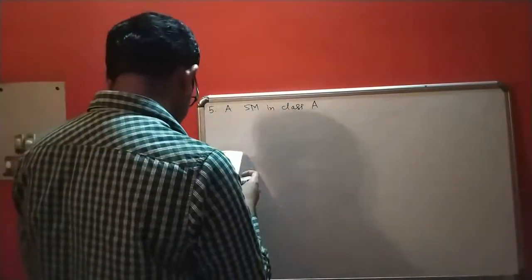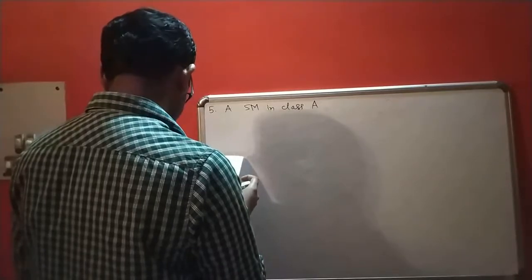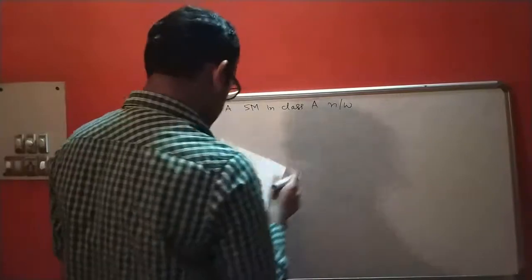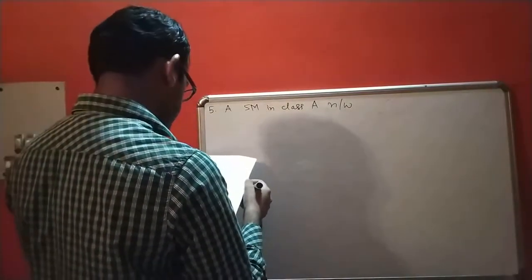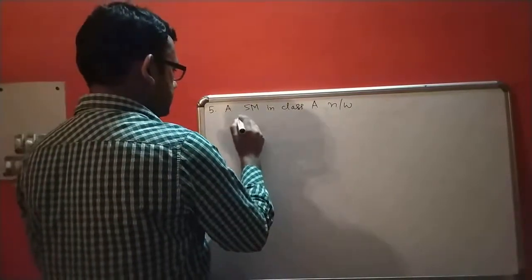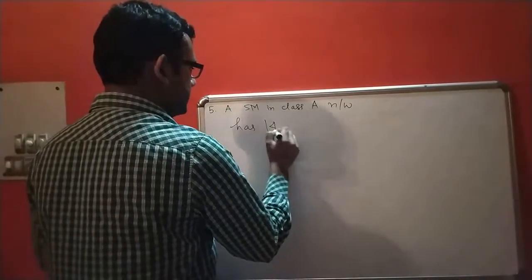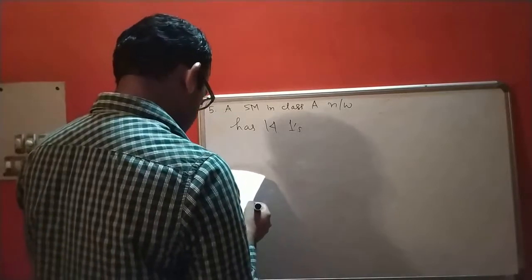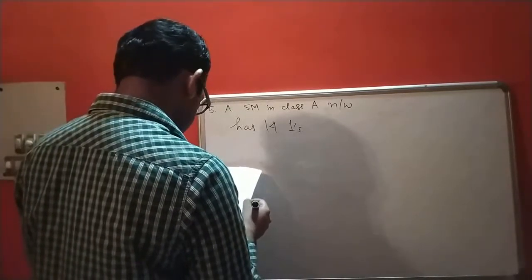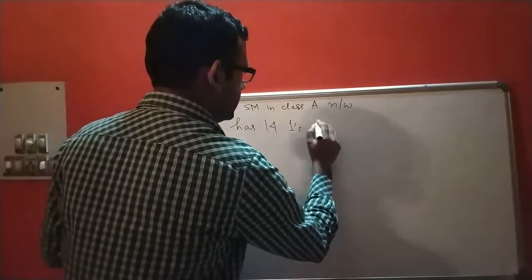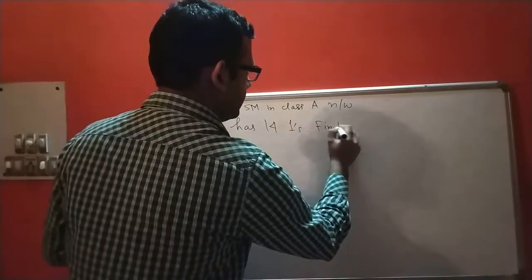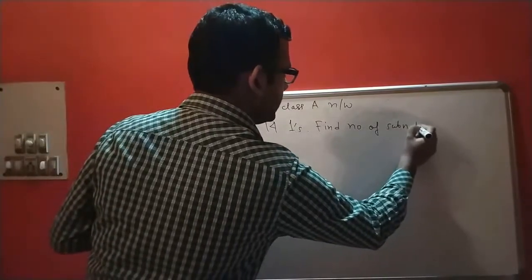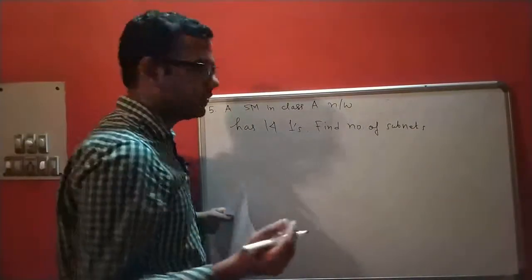So a subnet mask in a class A network has 14 ones, and we are being asked to find the number of subnets it defines.